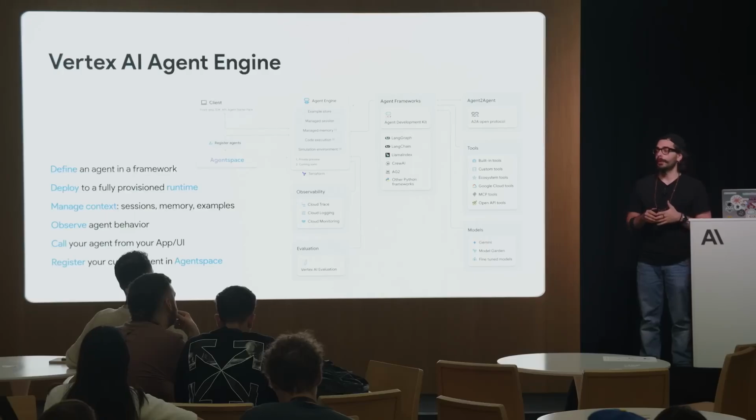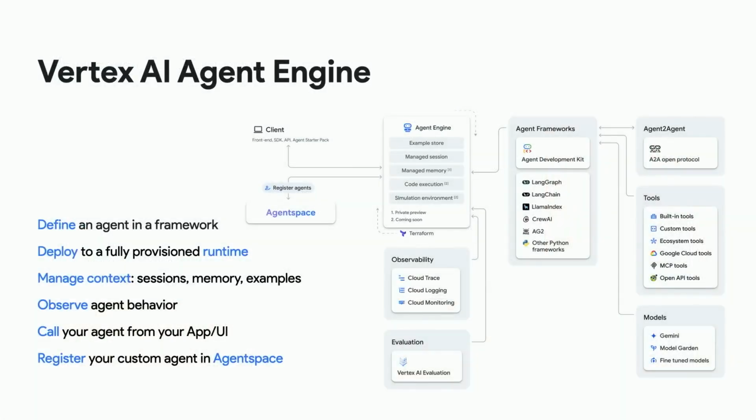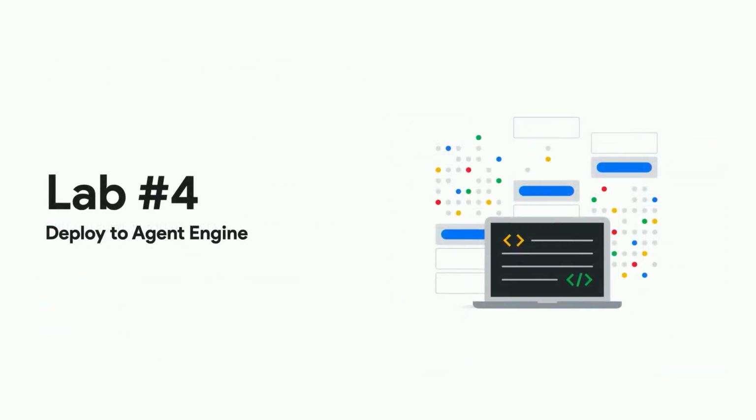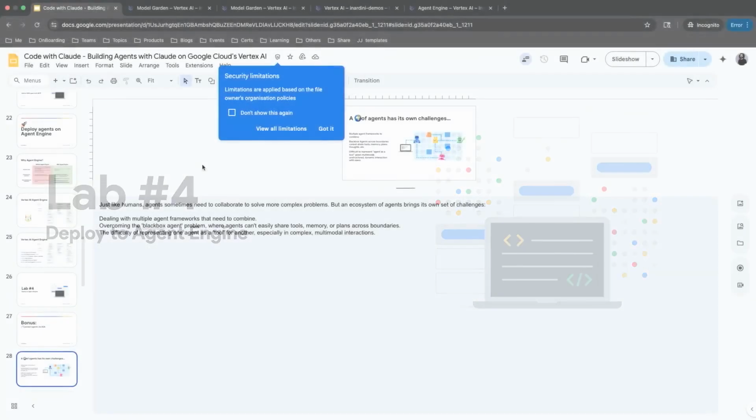Agent Engine also has an integration with another service that we provide on Google Cloud, which is Agent Space, which I'm not going to cover today. But just to give you an idea, it's the gate that will allow your agent to go into the hands of the business, so really have an impact in an enterprise context. But with that being said, let me jump into the last lab that we are going to cover today.